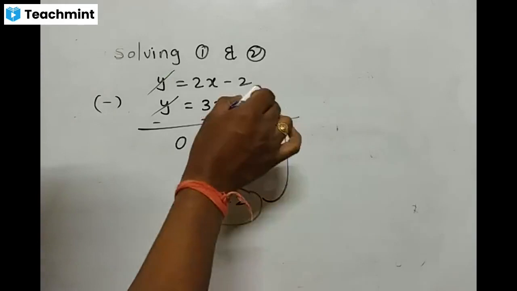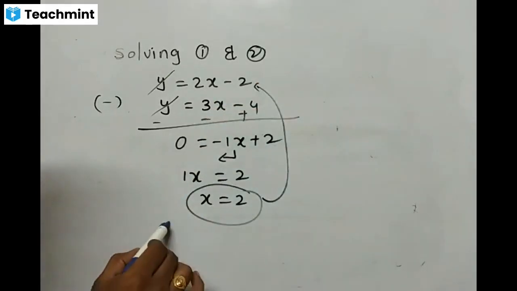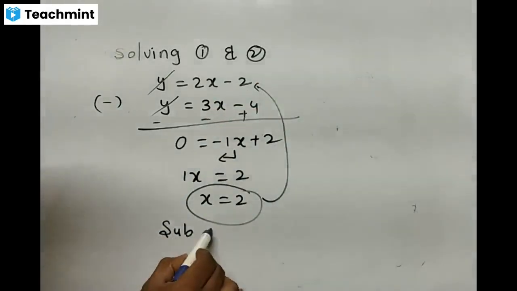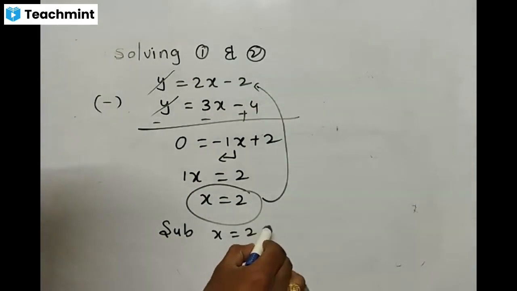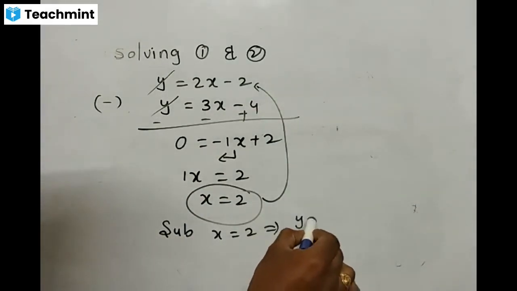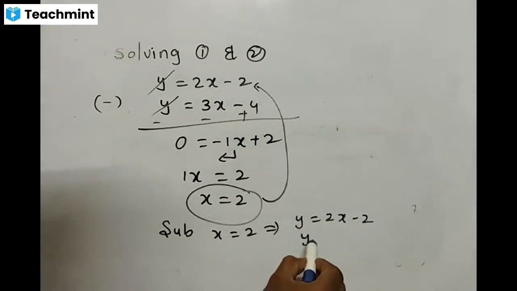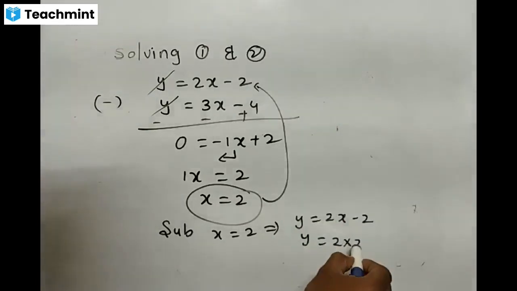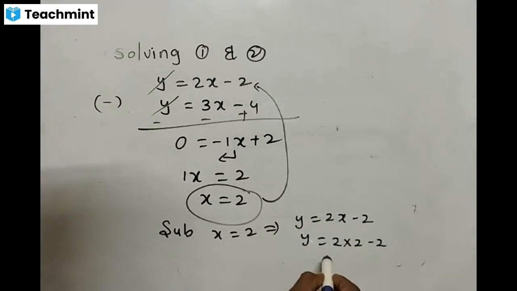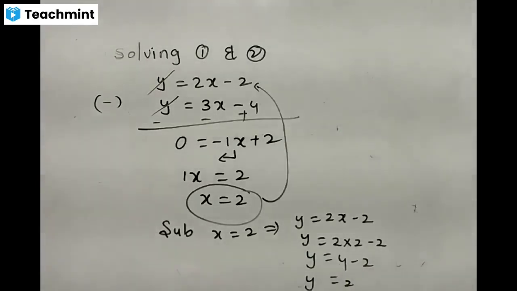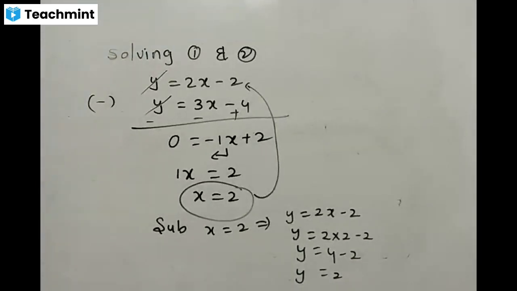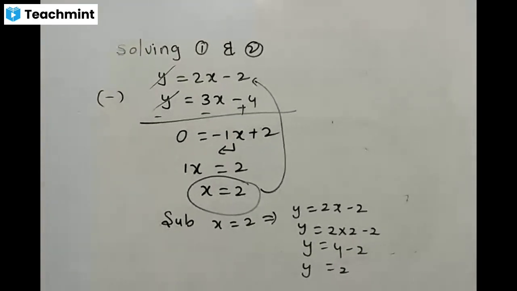Substitute the x value in any one equation to get the y value. So y is also 2. X is 2, Y is 2. The number of pants is 2.